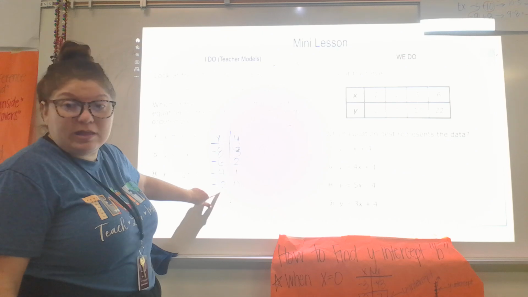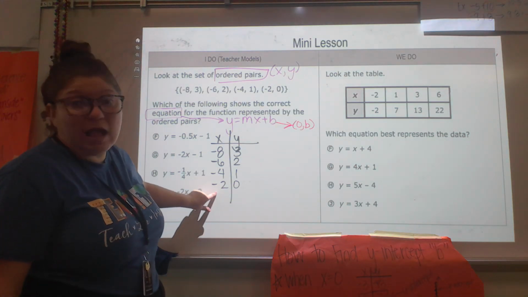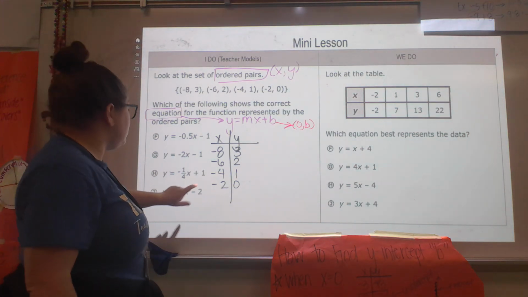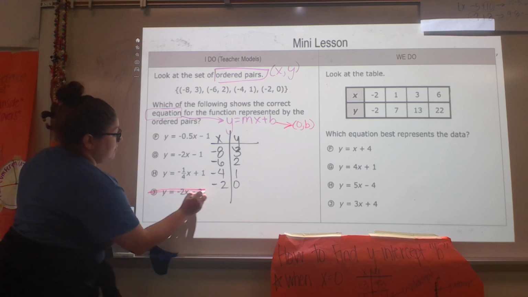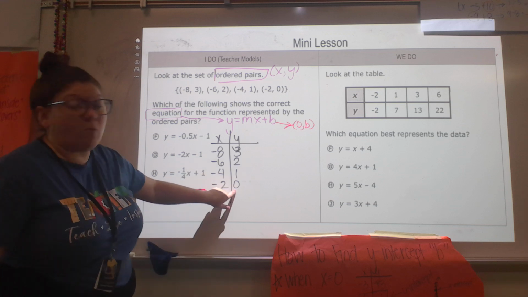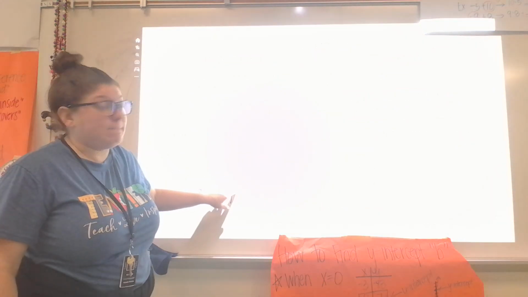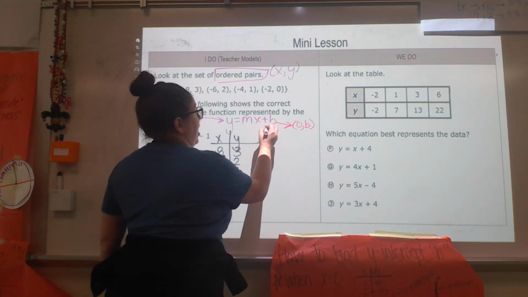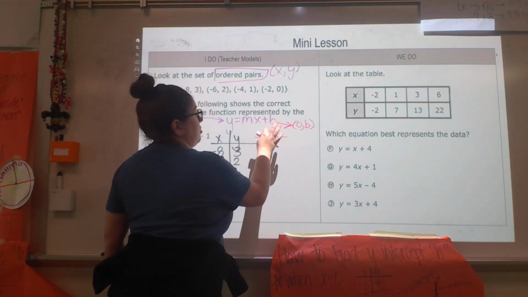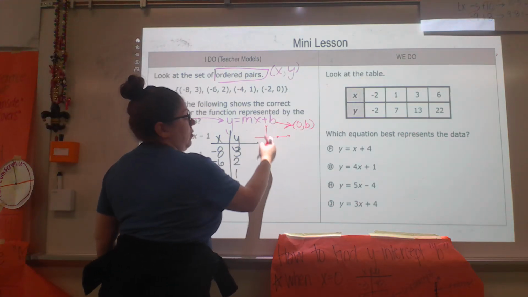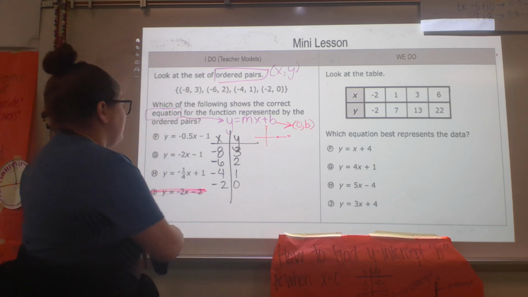No, but look, it says negative 2, 0. This is not my y-intercept. They try to trick you. This is not my starting point. If I was to put this on a graph, my point would be here on my x-axis, not on my y-axis.